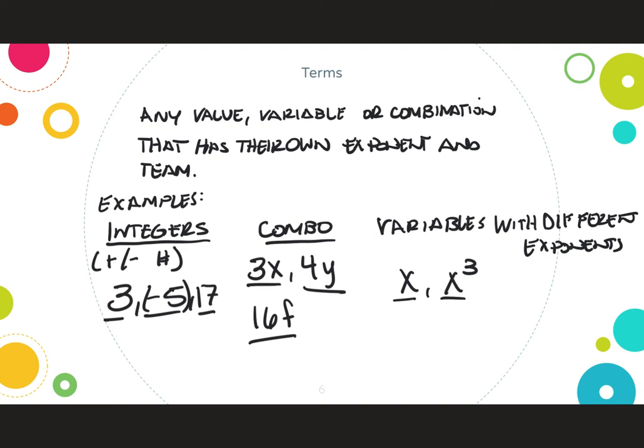Those are unique terms. Because x is talking about any number, and x to the third is talking about any number times itself 3 times, which is just unique. Which would then make something like 3x different from 3x squared, or cubed, I should say. So these are all different terms.